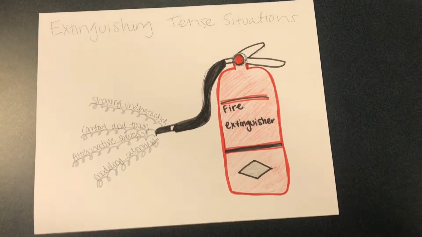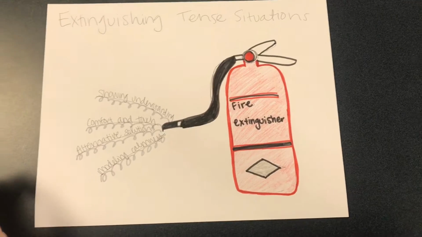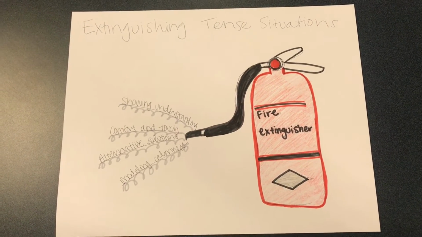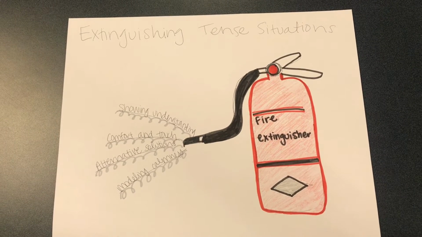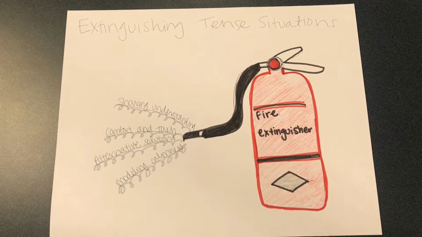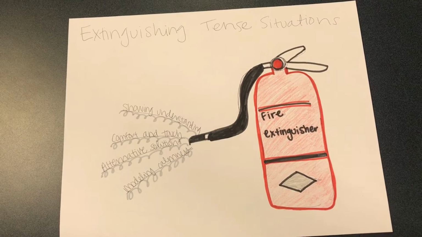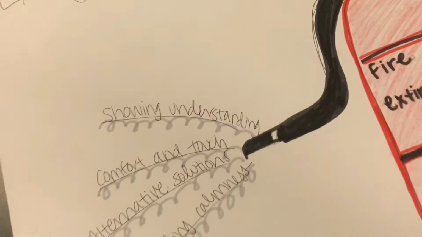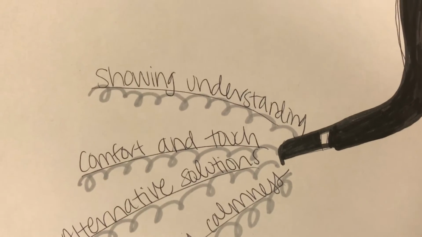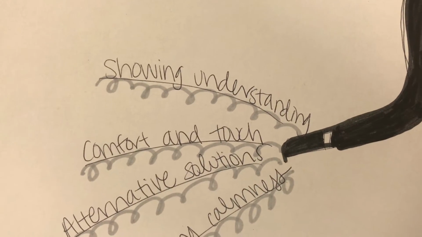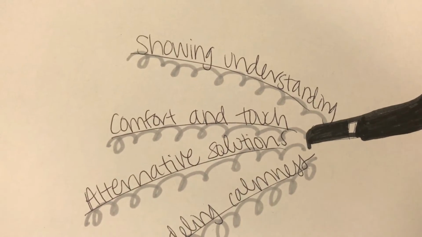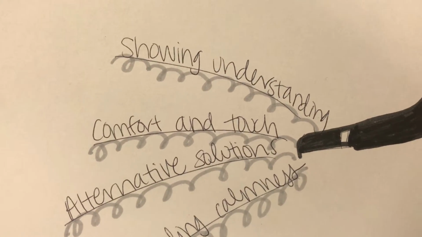One way in which you can be intentional using a variety of teaching strategies is within tense situations such as child meltdowns. It's important in these situations to use a variety of strategies, as a child may resonate better with one strategy over the other or all of them together. Some of the suggested strategies include showing understanding, comfort and touch, meaning to give the child a hug or merely touch their arm or anything that would make them feel more comfortable in that situation.